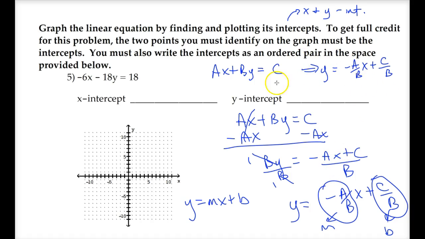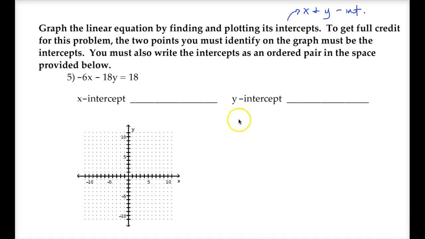So I'm going to go ahead and erase all this and actually show you that as long as we have 2 points, namely if we can find the x-intercept and the y-intercept easily, then we could have our 2 points to be able to draw the line and satisfy our other condition of stating where our ordered pairs are for our x and y intercepts. So I'm going to erase this now, and then we're going to go over that strategy.